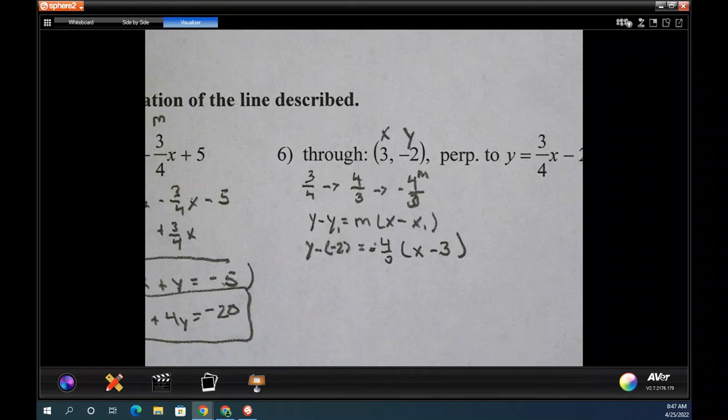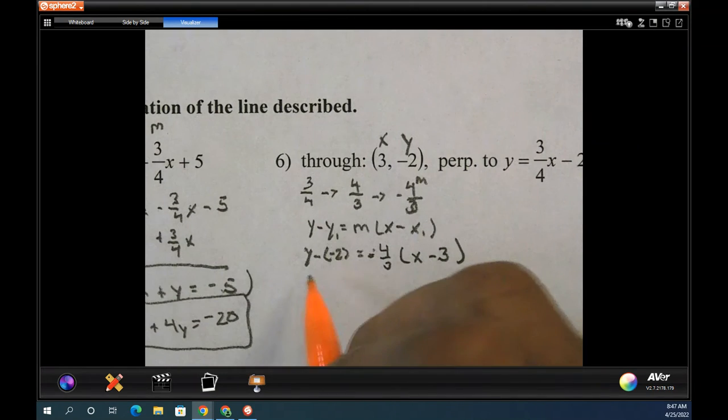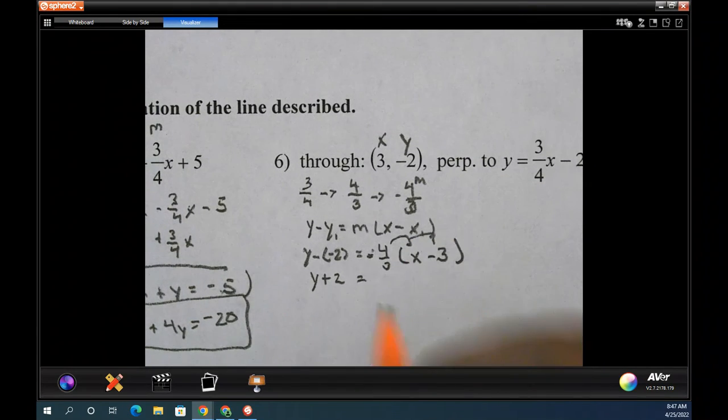Okay, so here we go. We got y minus -2. That's going to turn into a positive. We can do double duty here. That's y plus 2. We can go ahead and distribute this right here. So it's -4/3 x. Negative times a negative is a positive, plus 4.